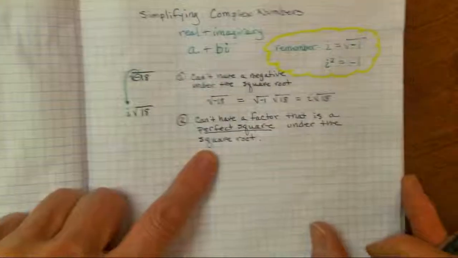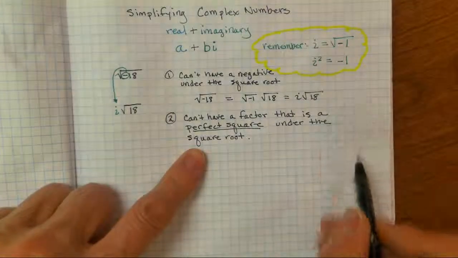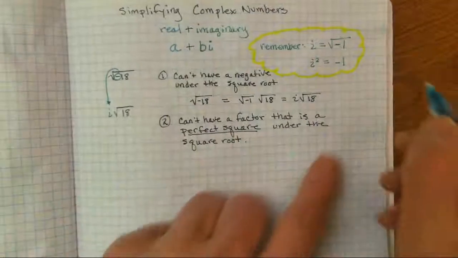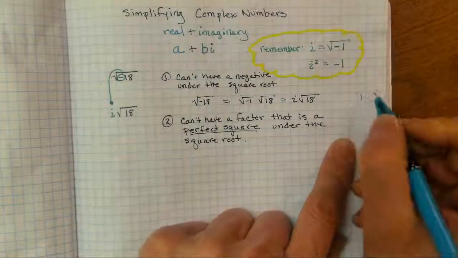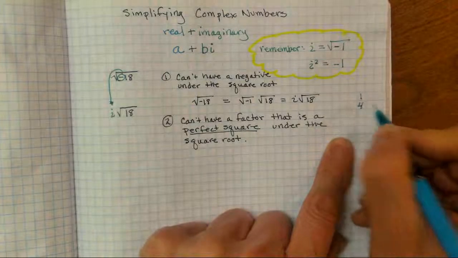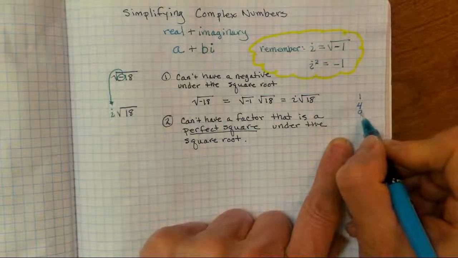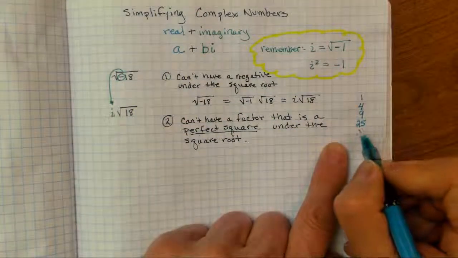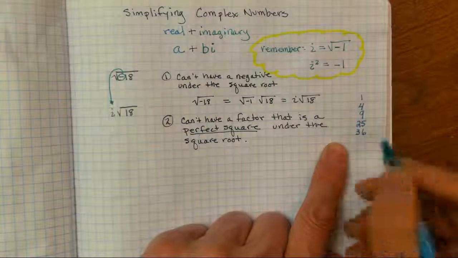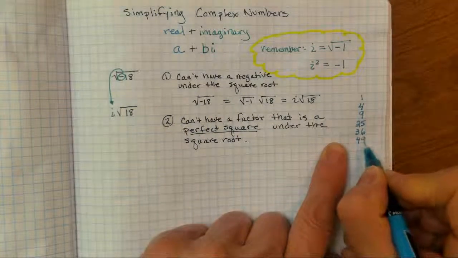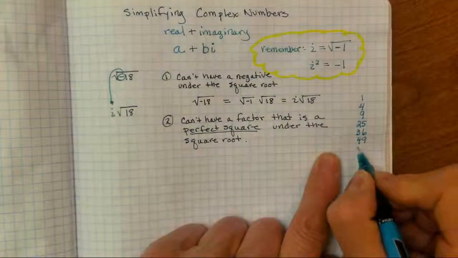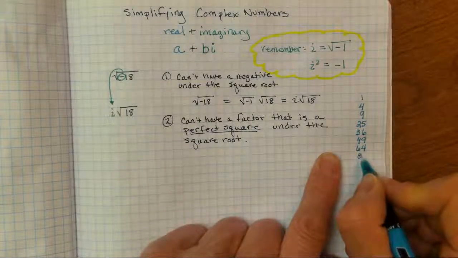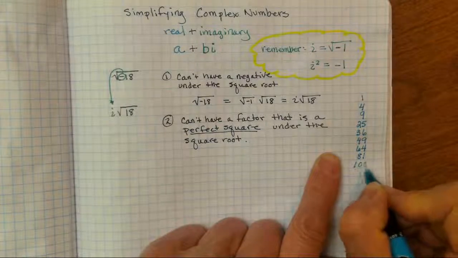Well, let's think about what are my perfect squares. So I'm just going to brainstorm a list of perfect squares over here. So my perfect squares are 1, 2 times 2 is 4, 3 times 3 is 9, 5 times 5 is 25, 6 times 6 is 36, 7 times 7 is 49, 8 times 8 is 64, 9 times 9 is 81, 10 times 10 is 100.